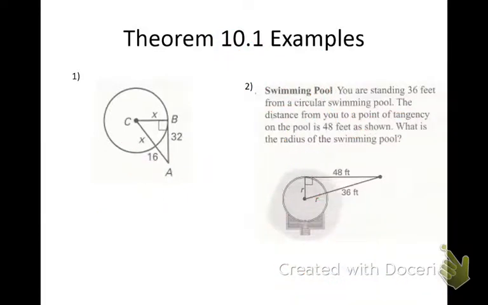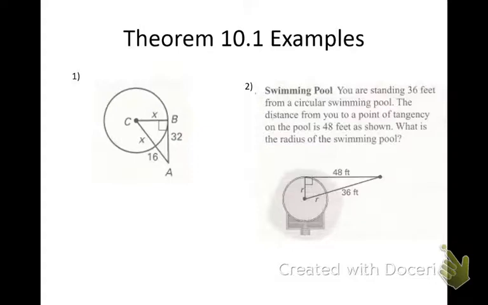Let's look at the other example. Swimming pool. We're 36 feet from a pool. The distance from you to the point of tangency to the pool is 48. What is the radius of the swimming pool? Alright, how are we going to solve this one?